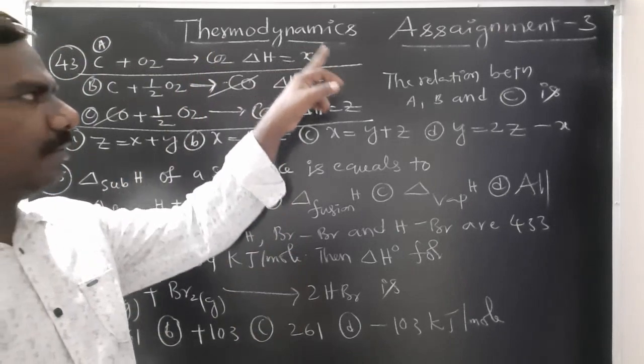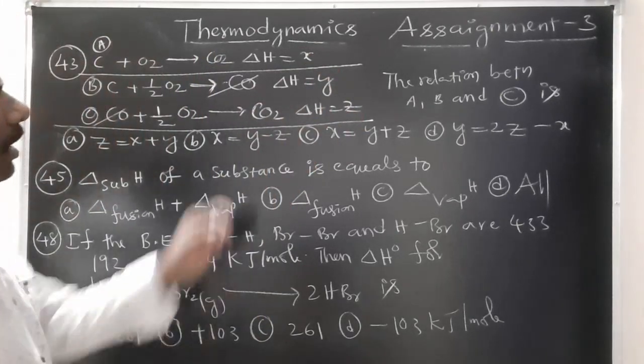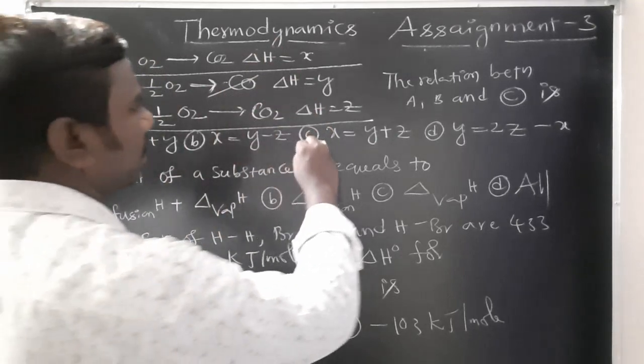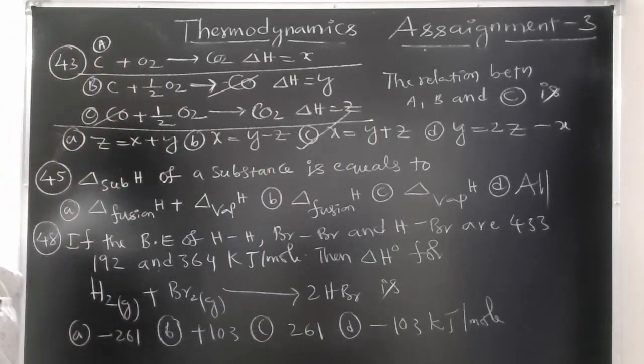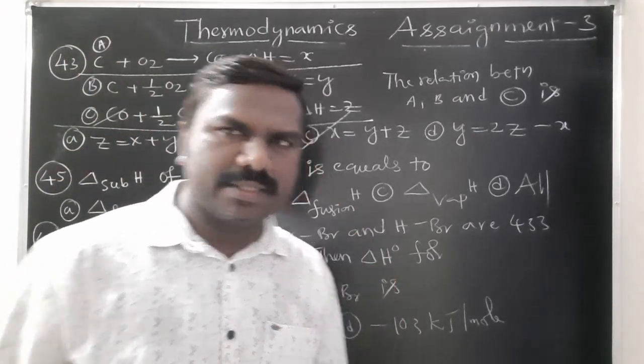To get X, Y and Z must be added. Hence, X is equal to Y plus Z, which is the right answer. Hess's law problem, very, very important it is.